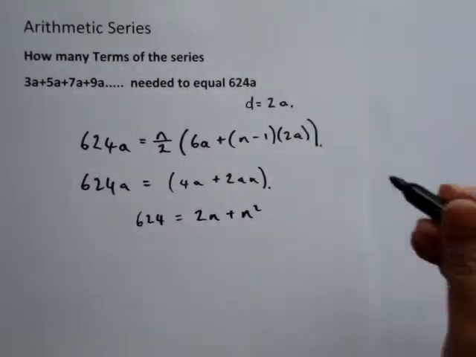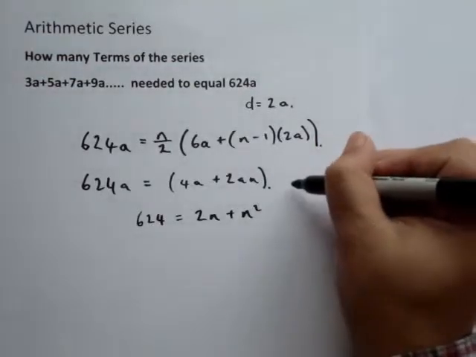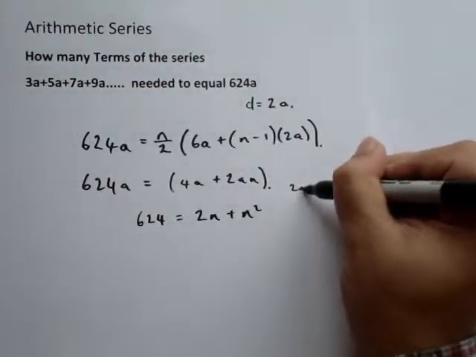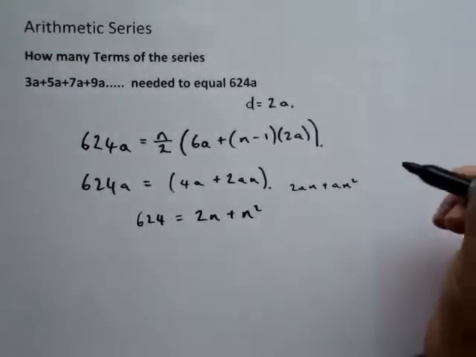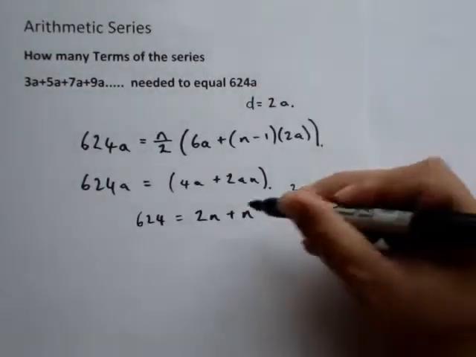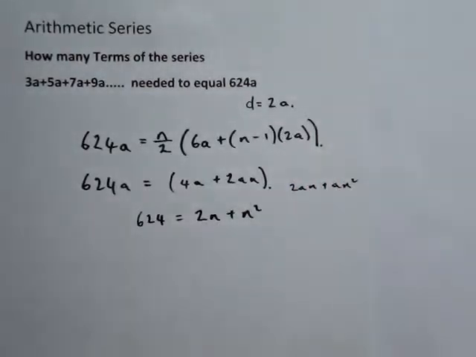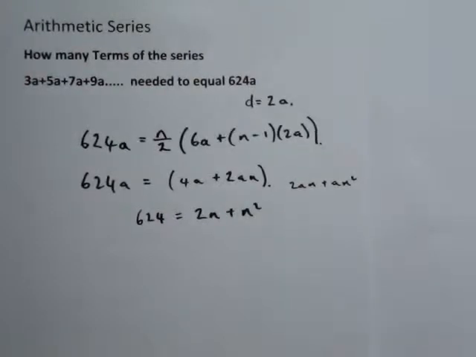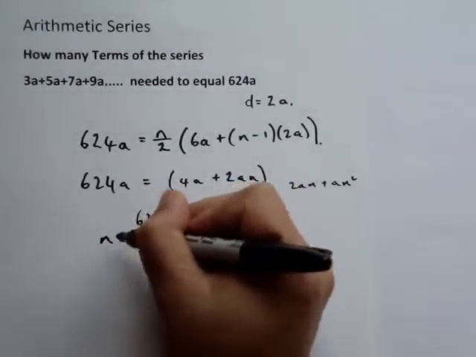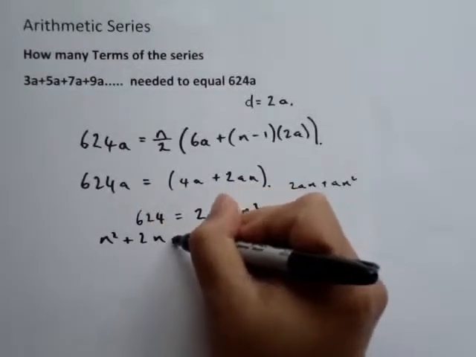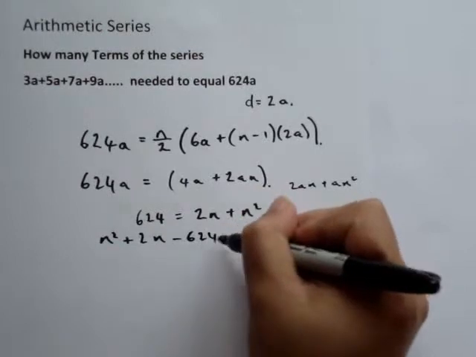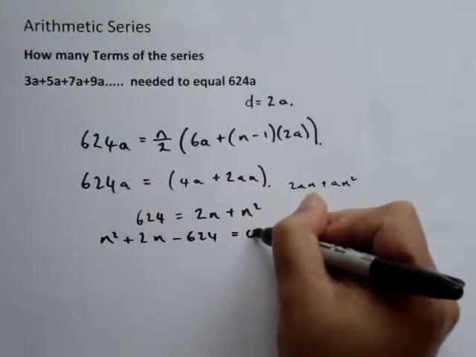This worked out as 2an plus an squared, and then when we divide by a, we get 2n plus n squared. That's right. So now we have this in terms of a quadratic. So n squared plus 2n minus 624 equals 0.